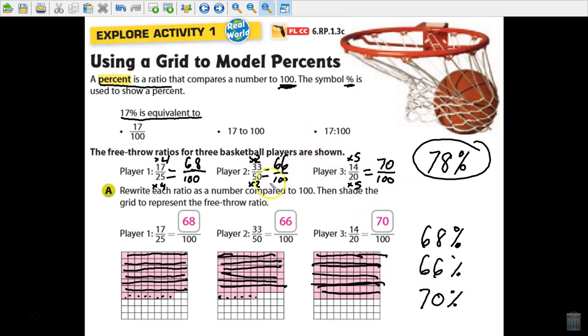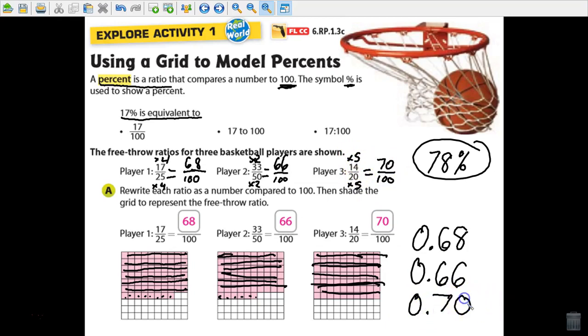If we compare these to decimals, we have the 100th place, okay? So I'm going to erase these real quick. We have the 100th place. So we put these over 100, it's just 0.68. 66 over 100, 0.66. 70 over 100, 0.7, or 0.70 if you want.